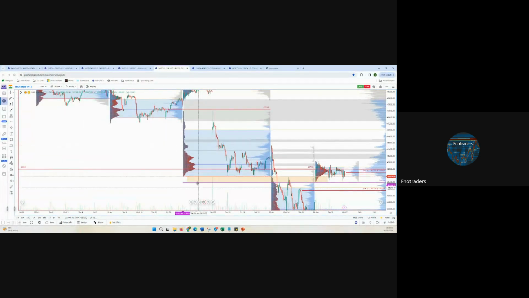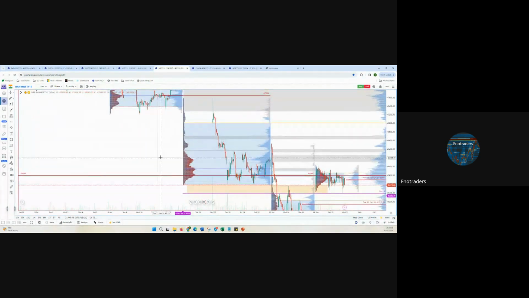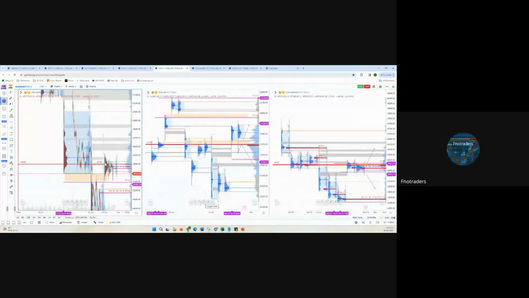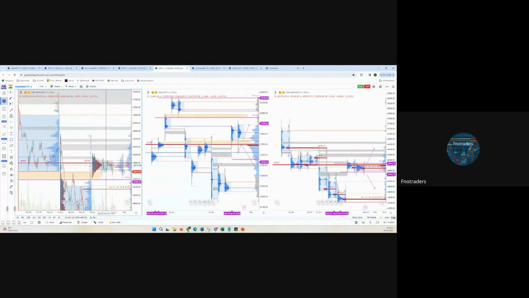Most of the time the information will be very similar, but VP will help you see certain spikes in volume which you will not see in MP. Otherwise, if VP is thick here, MP is also thick here. The histogram thickness and structure are more or less the same. So if you want to see both, you can put one on the left and one on the right.